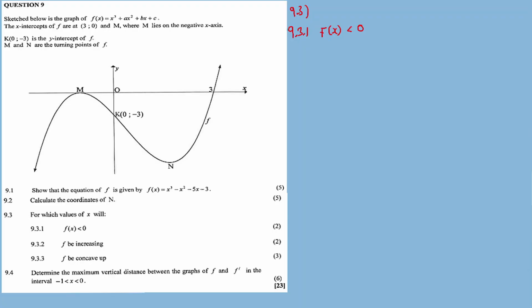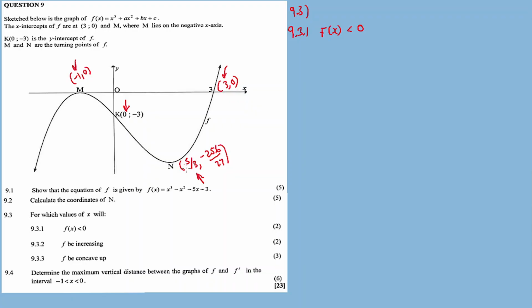So when you answer these types of questions, where they say for which values of x, you make reference to your coordinates, especially the x coordinates. You pay attention to the x coordinates.